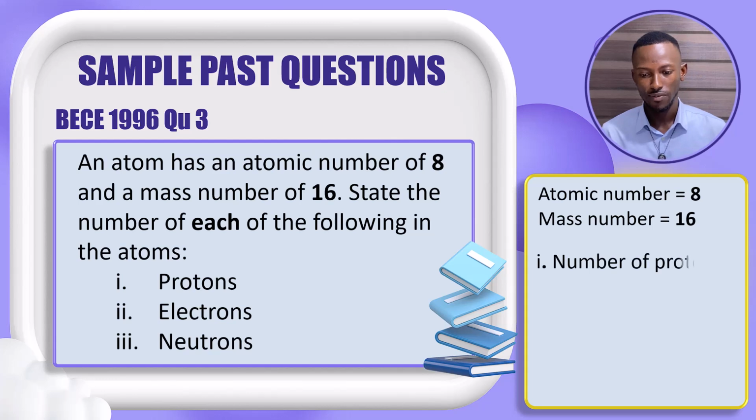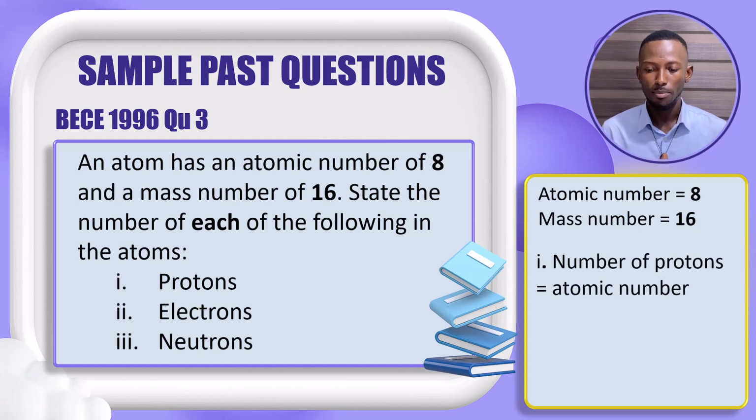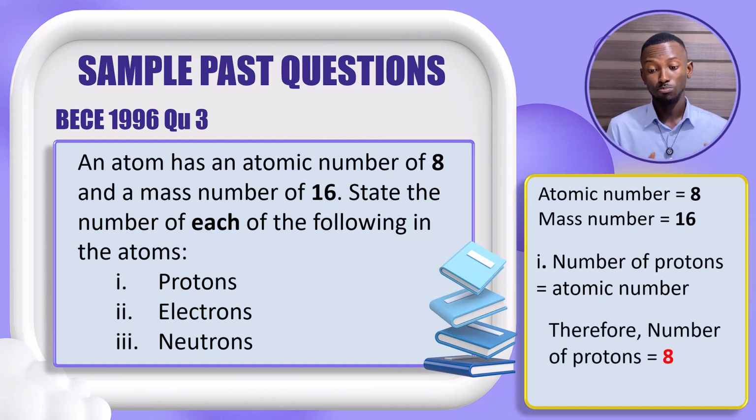Now let's find the first number. The number of protons is the same as the atomic number. We've already discussed that. So therefore, the number of protons is 8.